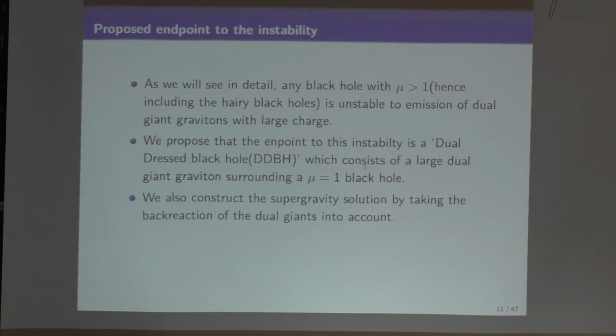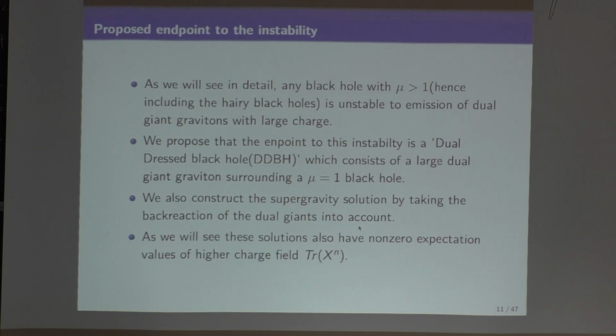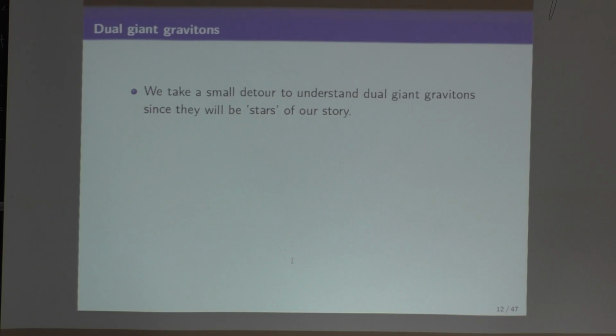And we also construct the supergravity solution by taking the back reaction of these dual giant gravitons into account. As we will see, these solutions have non-zero expectation value of all the higher charge scalar fields. So this is the final result, and now I'll be talking about some technicalities.